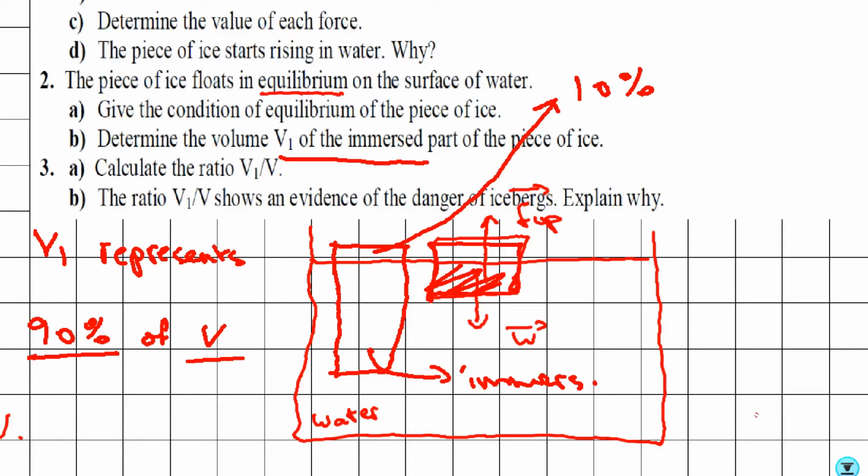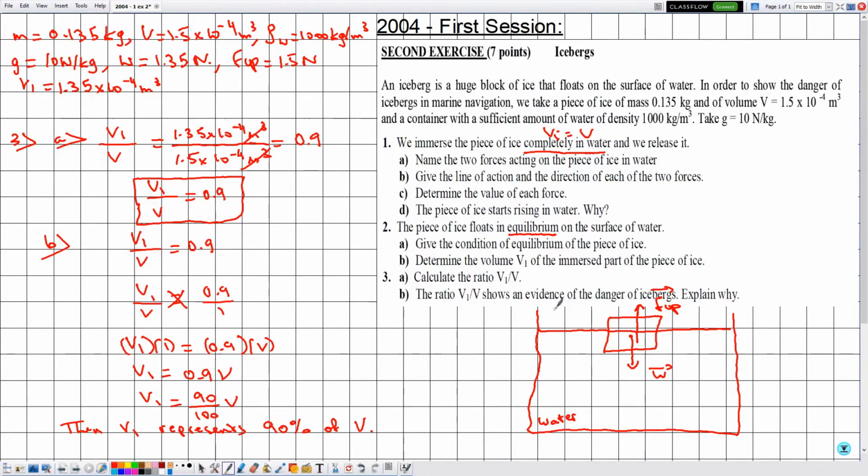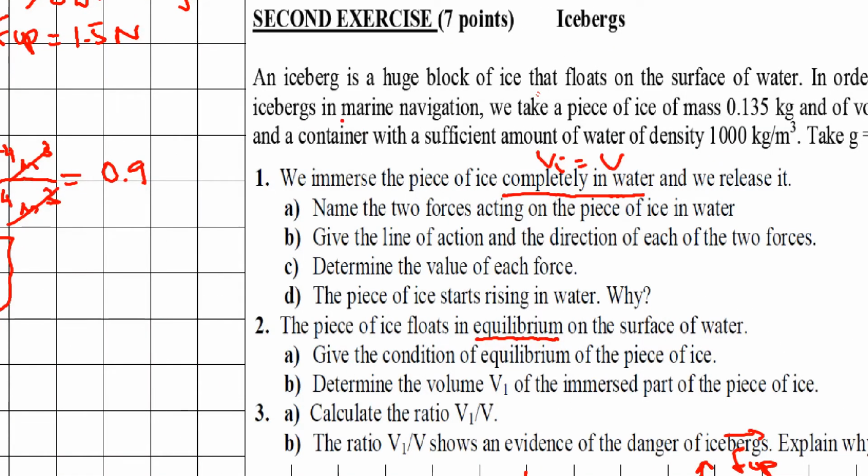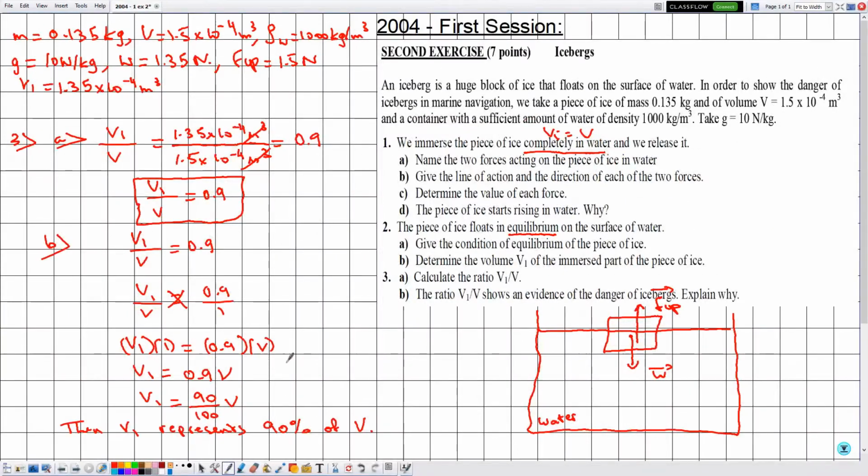Looking at the piece of ice floating on the liquid, although this volume seems small, taking into consideration that 90% of this volume is inside the liquid, this shows an evidence of the danger of icebergs, especially when considering marine navigation.